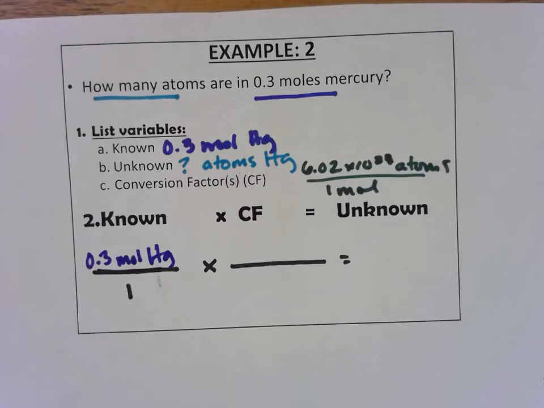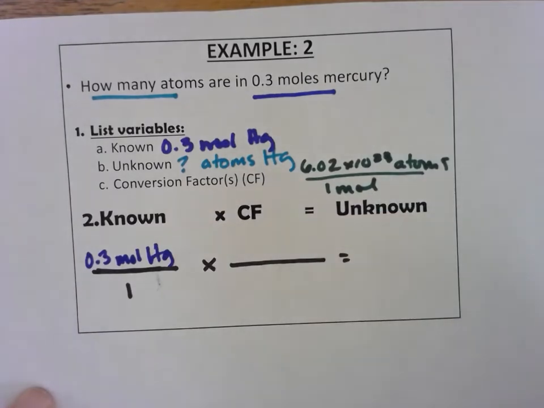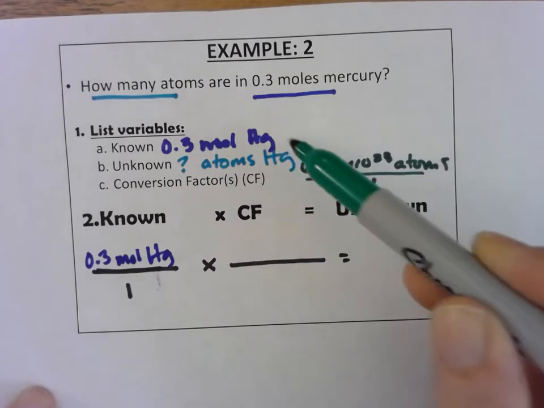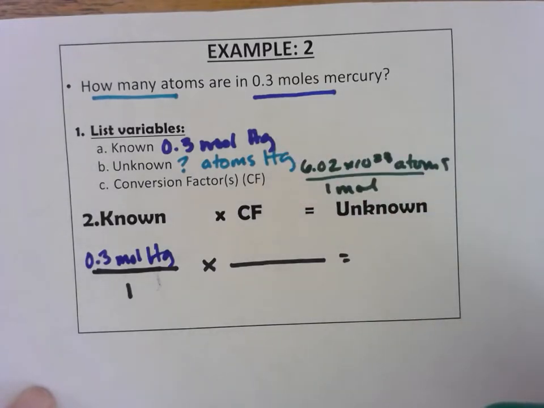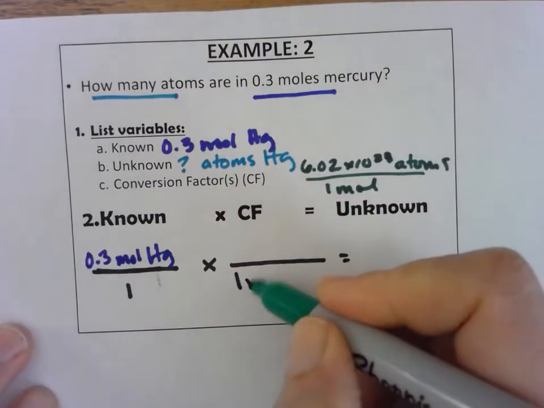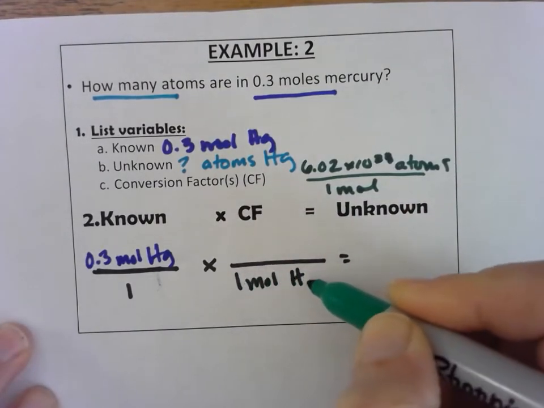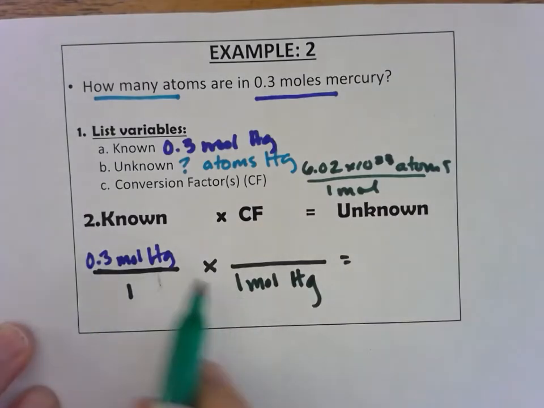Now my conversion factor again, I've got atoms and I have moles. The reason why I'm paying attention to the units and not the chemicals is because my chemicals aren't changing. So if mole is written on the bottom, I'm going to write 1 mole also. If it's not on the top, I'm going to write it on the bottom so I can cancel out my like terms.